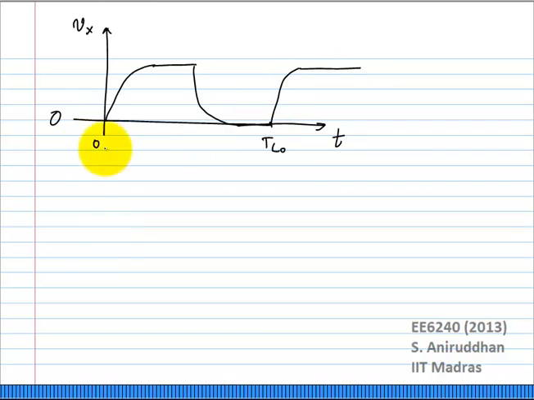Now from this we can actually derive the current through the capacitor Cp. That is going to look like a current pulse.